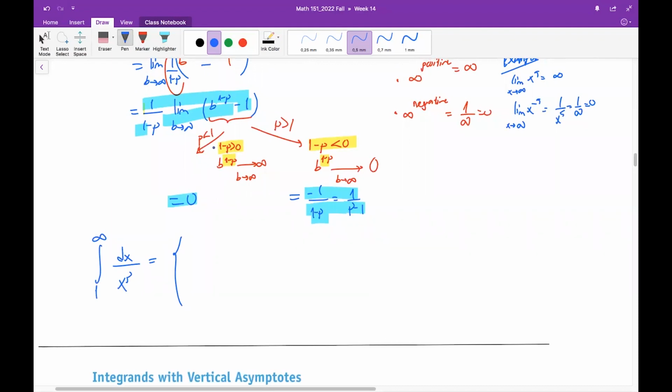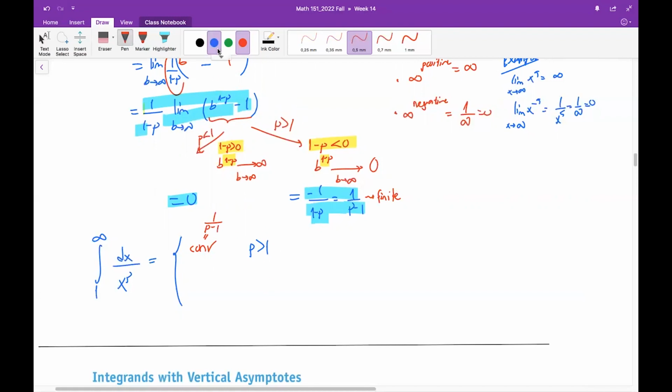If p is greater than 1, we obtain that the result is finite, right? So the result is like that. Since the result is a finite number here, you can call this improper integral convergent, and it converges to this finite value where p is greater than 1.